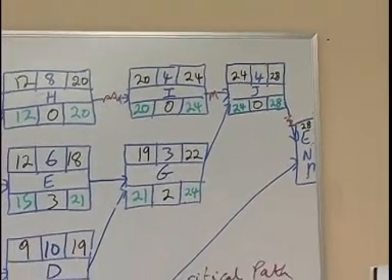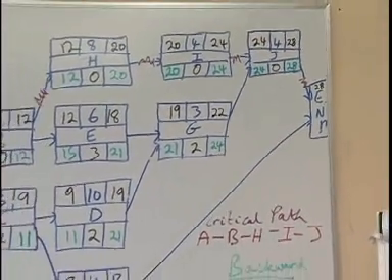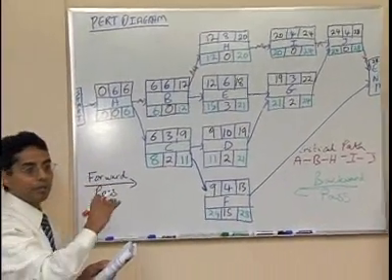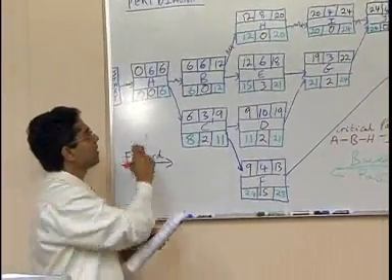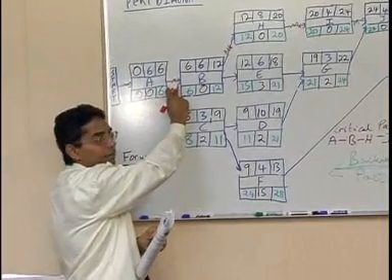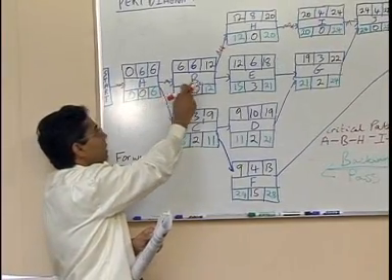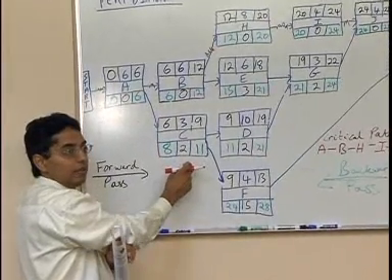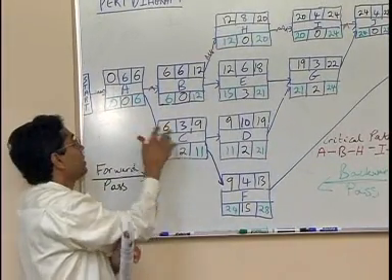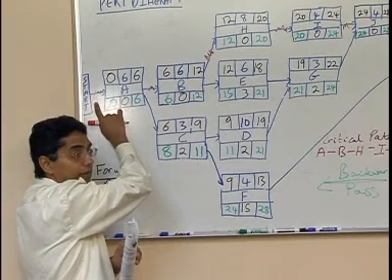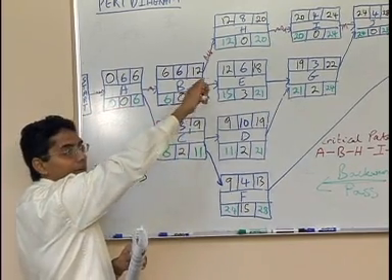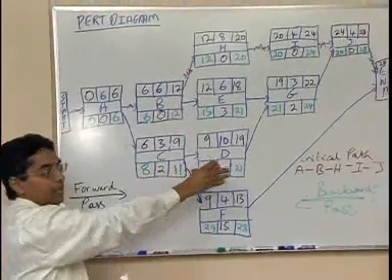Now it is possible sometimes to have more than one critical path in a project. In that case, if you came to this point here, we went A and it went to B. B was 0 and C was also 0. What you would have to do is start from A, go B, follow that path all the way to the end. That would be one critical path.